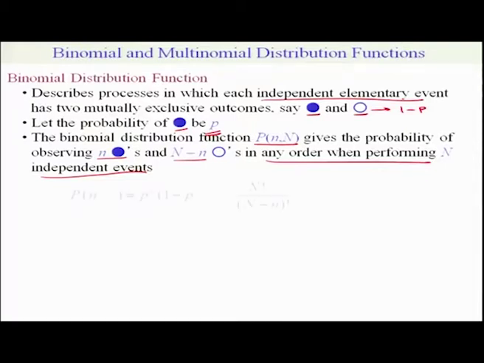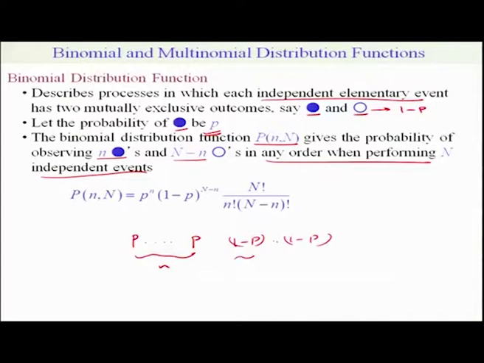The probability of this is going to be p multiplied by p, n times. Similarly, for the empty circle, it will be 1 minus p to the power N minus n, considering these are independent events.